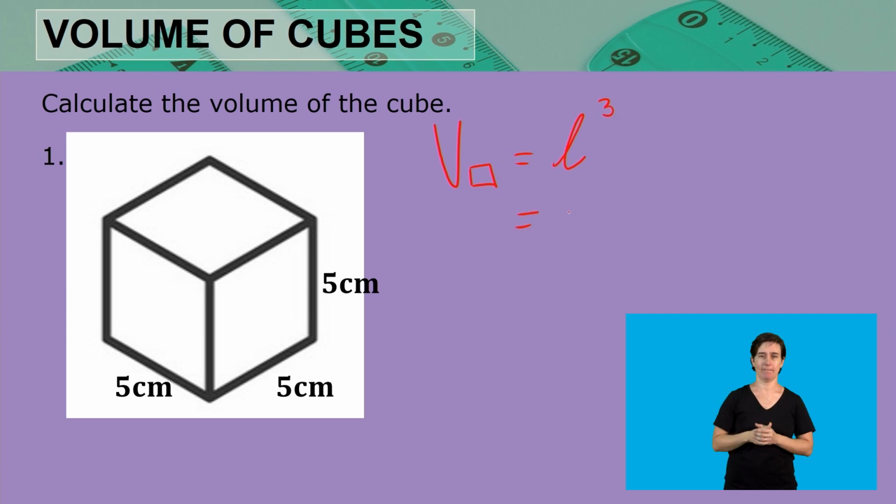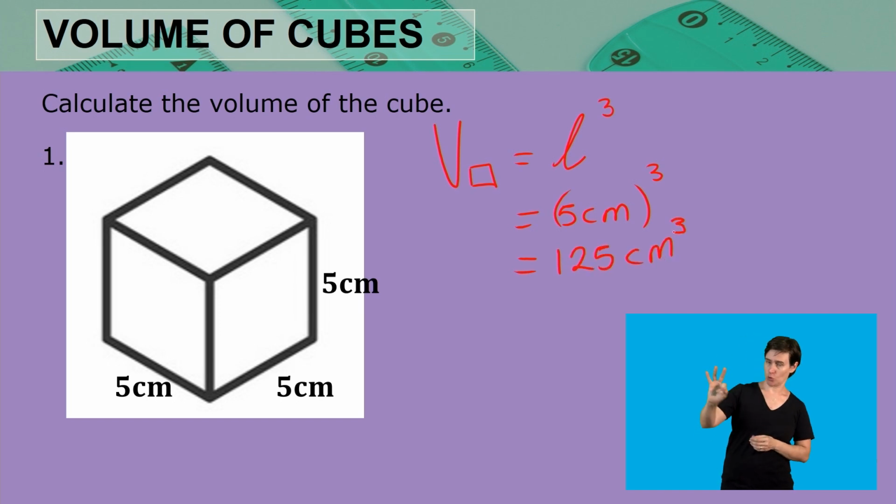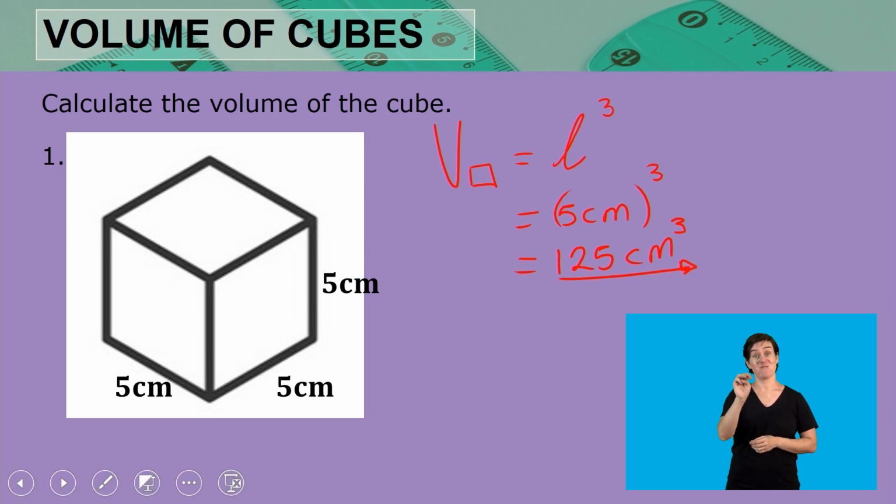Since the length there is 5 centimeters, we're going to take this 5 centimeters and cube it, and that is going to give us 125 centimeters cubed. And that is the volume of this cube.